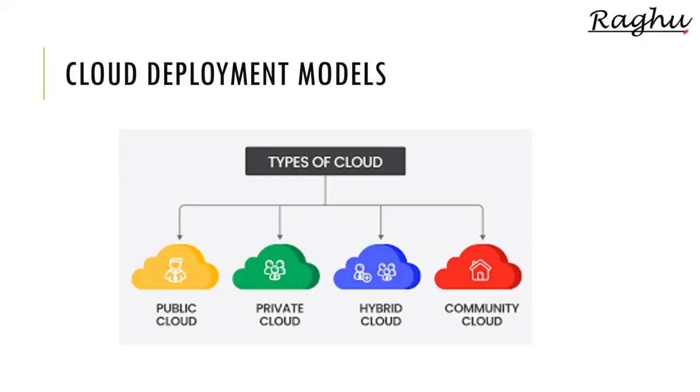Private cloud indicates a cloud dedicated to a specific organization. For example, I have started one organization and I have started a cloud computing mechanism. I'll be using it only for my organization because of some security reasons and because of heavy usage. I'll be using my own. That's a private cloud. Hybrid cloud is a combination of public cloud and private cloud.